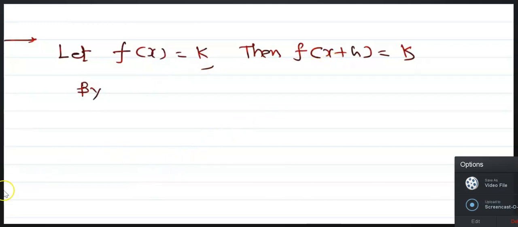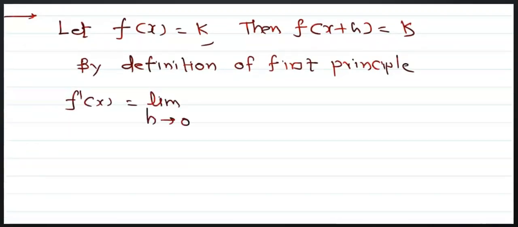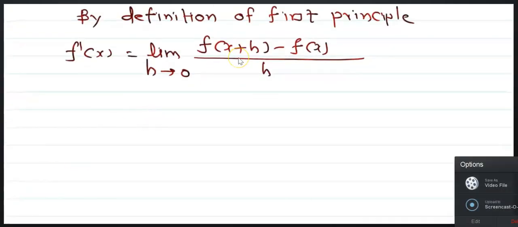It's a constant function, and that's why by the definition of the first principle, f dash of x is equal to limit h tends to 0, f of x plus h minus f of x upon h, and we treat this as f dash of x, that is the first derivative of the given function.